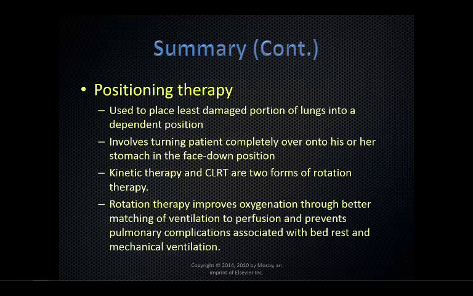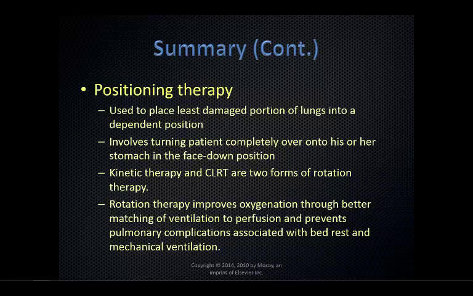All right, now positioning therapy. We've gone through that. I'll let you just take a look at these slides and read them. So remember, with positioning, it's all about improving the ventilation to perfusion matching, and this is often most safely achieved by simple lateral rotation therapy.